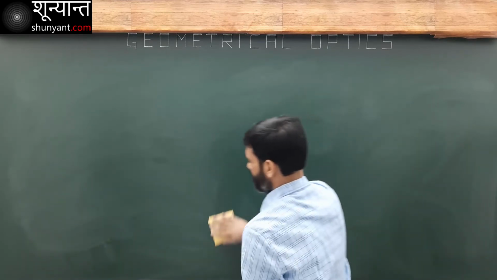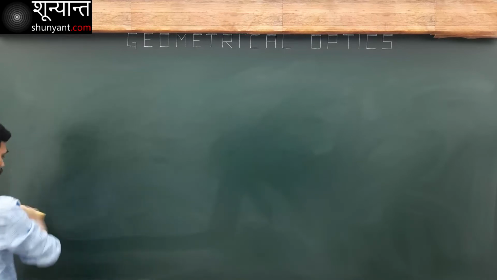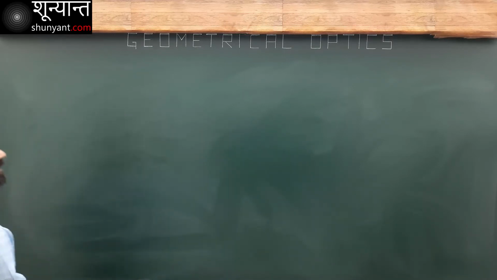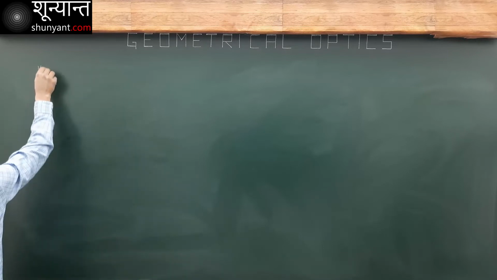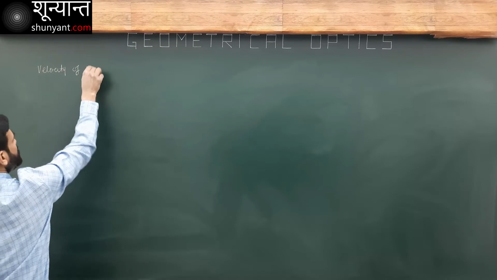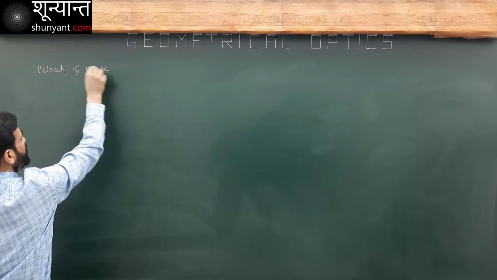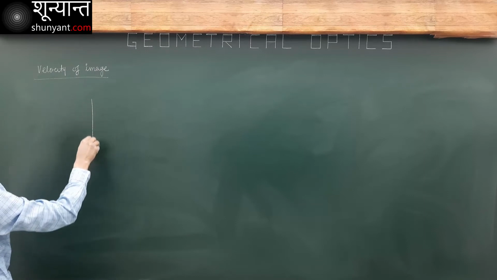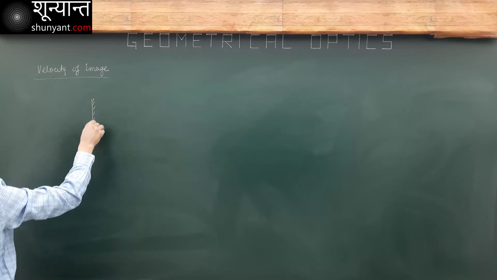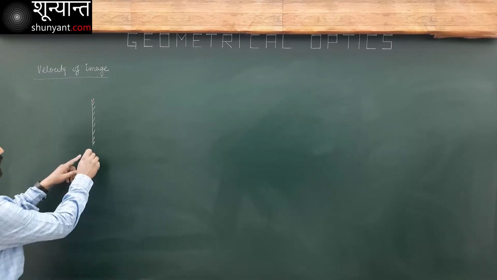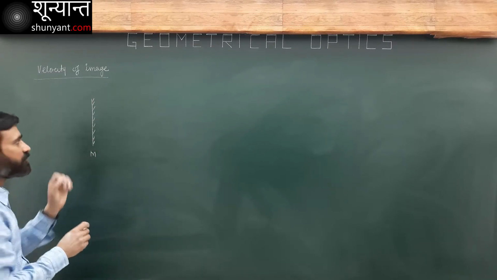Now the last thing in plane mirrors is a very important point, that is velocity of image. Let's say that I have this mirror. In front of this there is one object here.